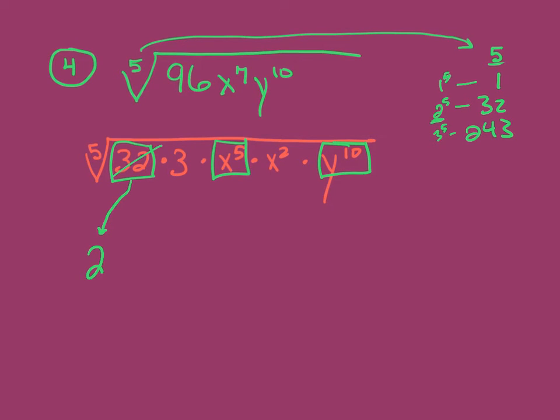So that comes out, the x to the 5th, when it comes out, remember to take that exponent divided by the index, so x to the 1st. And then for the y to the 10th, this is going to be a y squared, 10 divided by 5. Then we're just going to rewrite what's left. So we had 3 left inside, we had x to the 2nd, and then be extra careful again that you don't forget that number that's supposed to go in that little nook area.